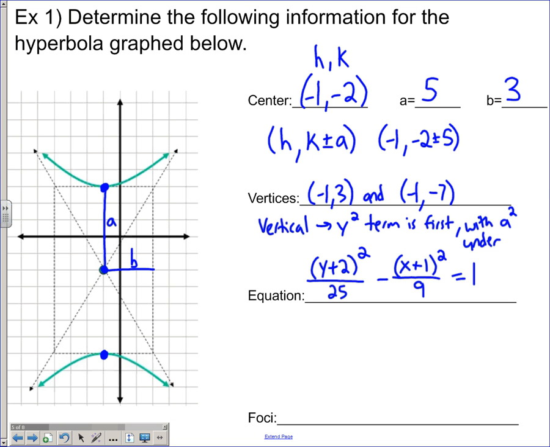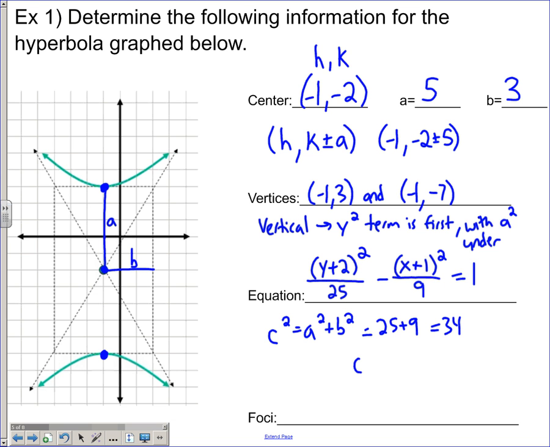Finally, we're asked to identify the foci, and we know the foci are going to be located a distance of c from the center. C squared is given by a squared plus b squared. So in this case, we get 25 plus 9, which is 34.